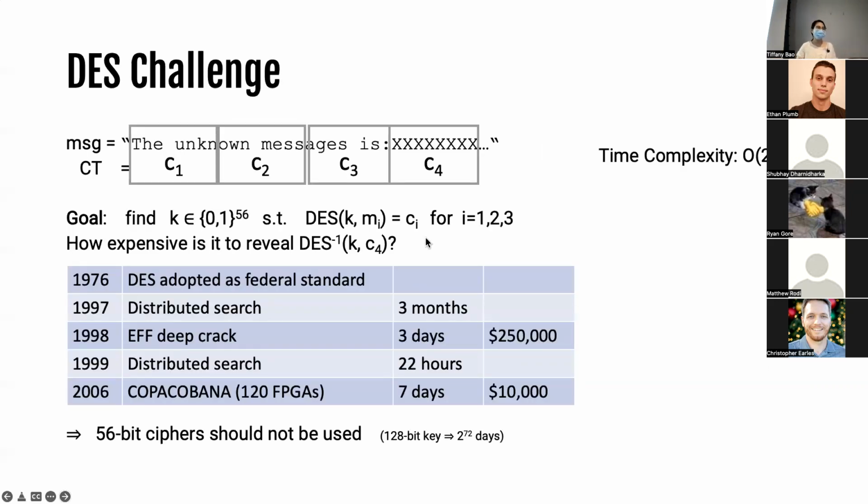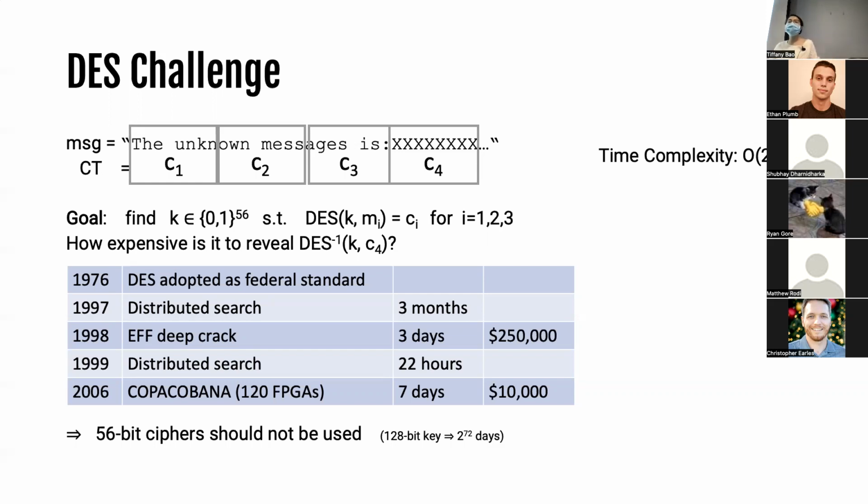And here is the approach. Suppose that we have a message, and because this is a known plain text attack, we already know the pairs of the plain text and the ciphertext. So we have this plain text, and we also have the ciphertext already, which we call C1, C2, C3, C4.